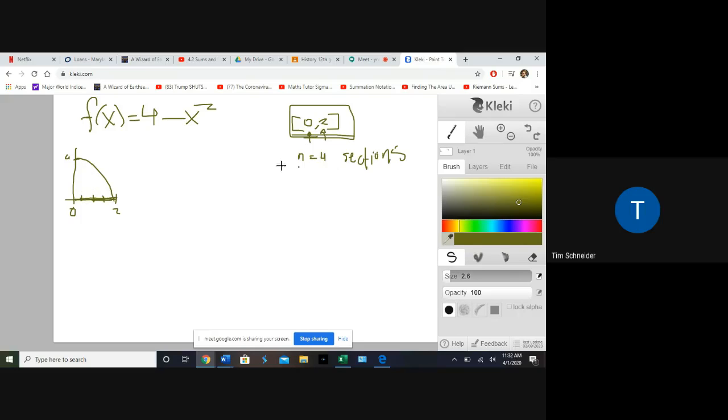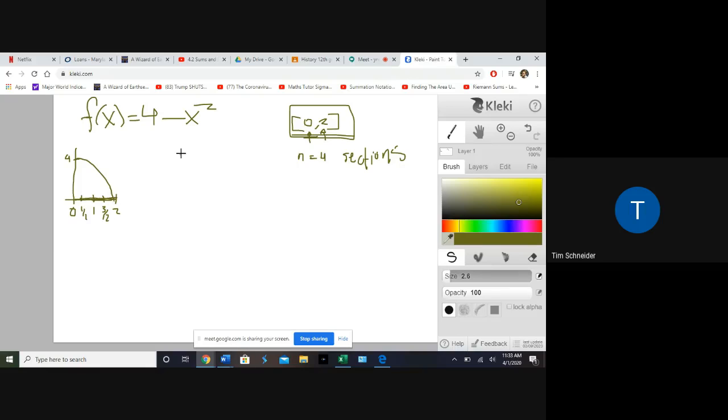So if this is divided up into 4 equal sections, what are the section boundaries? Well, half of 2 would be 1, and then this would be 1/2, and then this would be 3/2, or 1.5, or however you are used to doing that. Please don't use mixed numbers. Mixed numbers are evil.